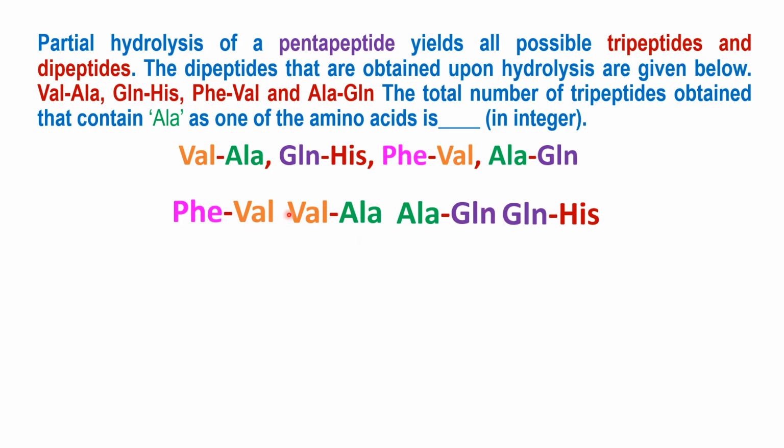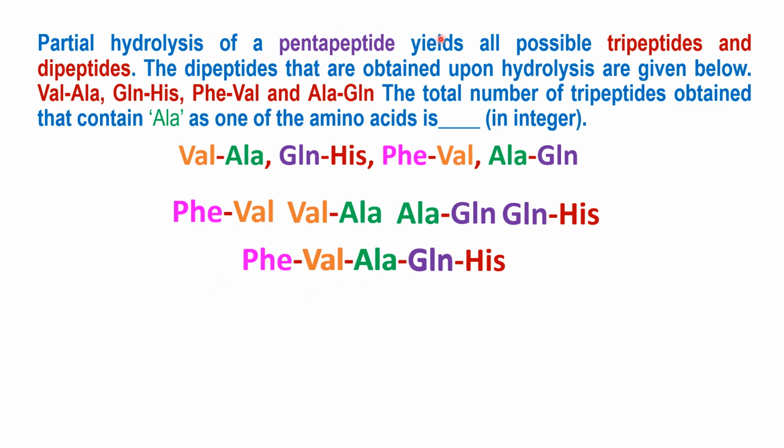So when we merge these common fragments, we will get the desired pentapeptide. So let us see this. Phenylalanine, valine, then valine alanine, then alanine glutamine, then glutamine histidine. So what we see here is the pentapeptide, which is phenylalanine, valine, alanine, glutamine, and histidine.